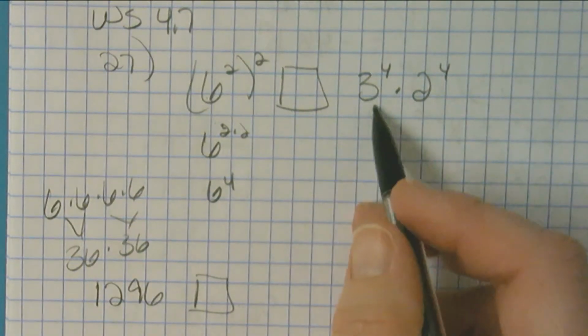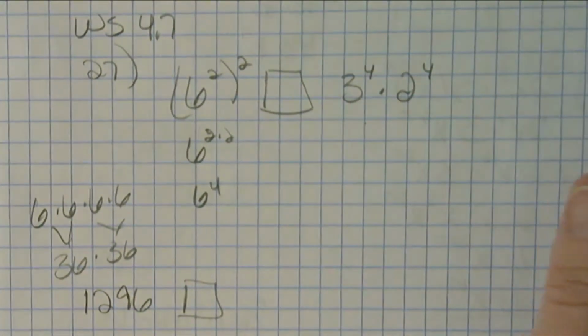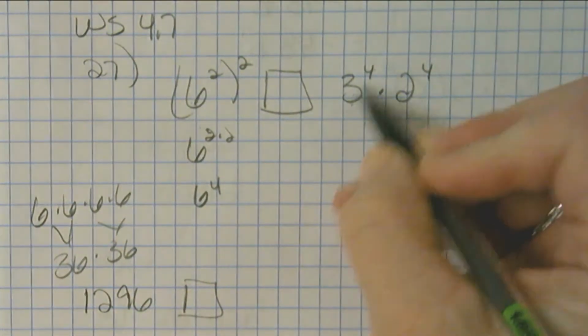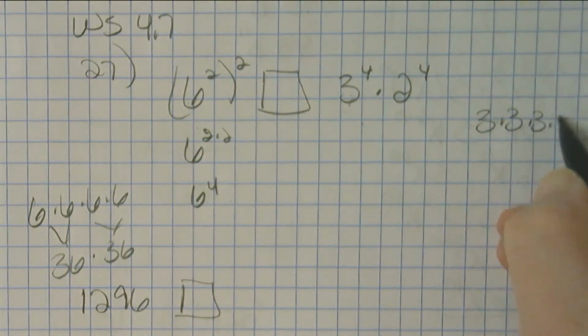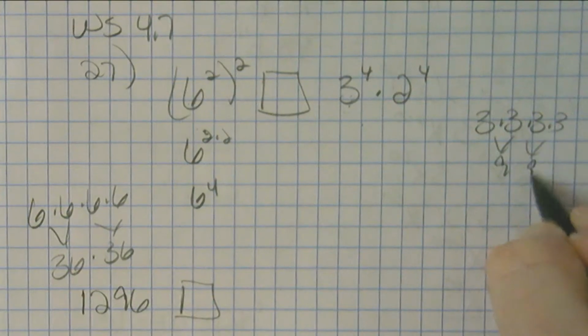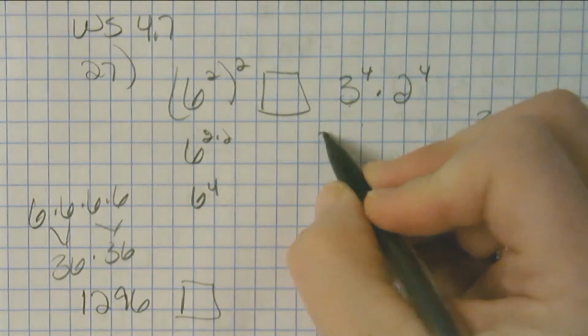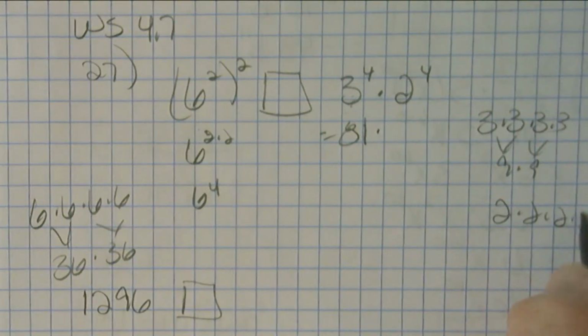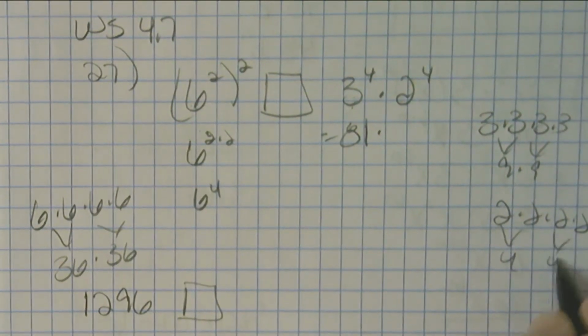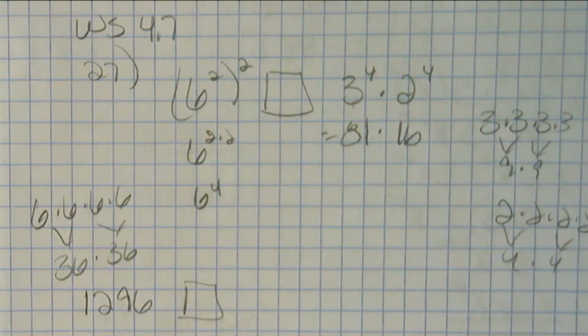All of you are taking a look at number 27, please. I have to just do this math. So off to the side, I have to do 3 to the 4th, which is going to give me 81 times 2 times 2 times 2 times 2. 2 times 2 is 4. 4 times 4 is 16.